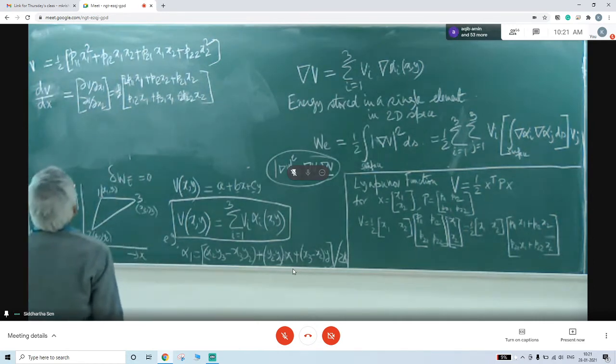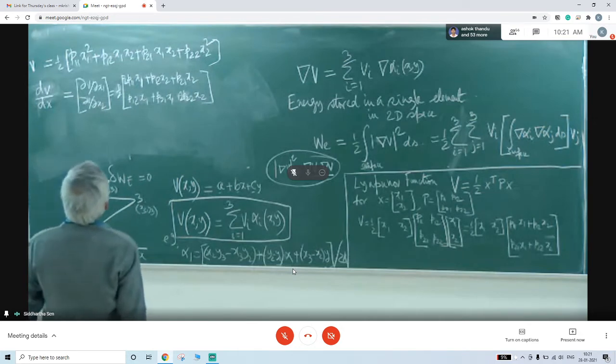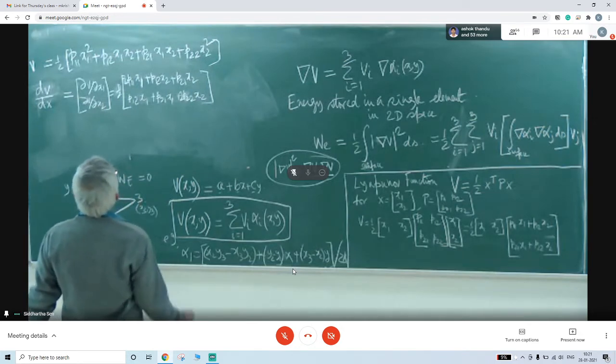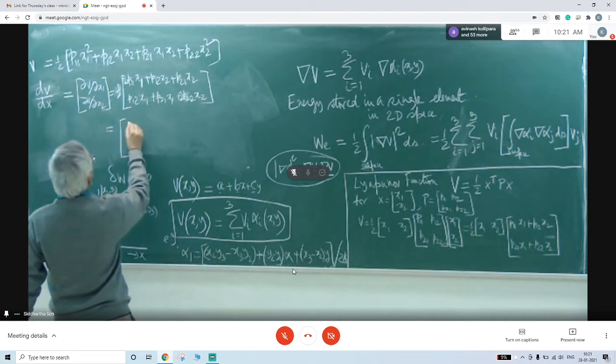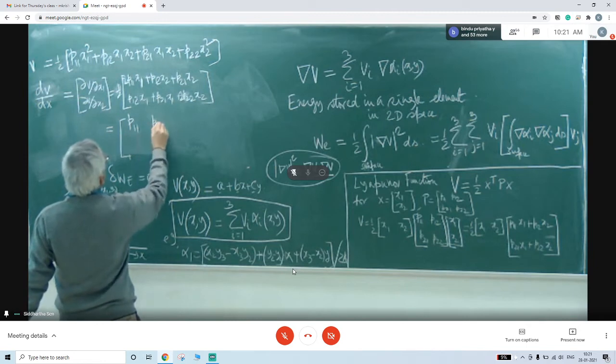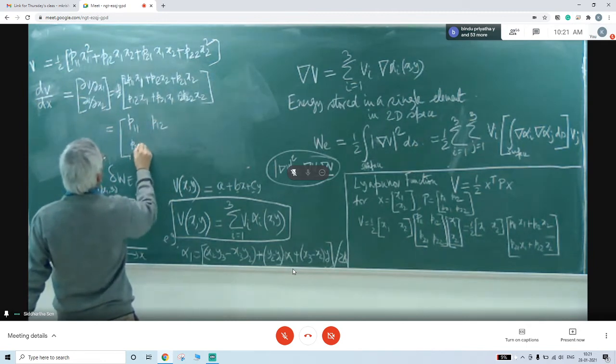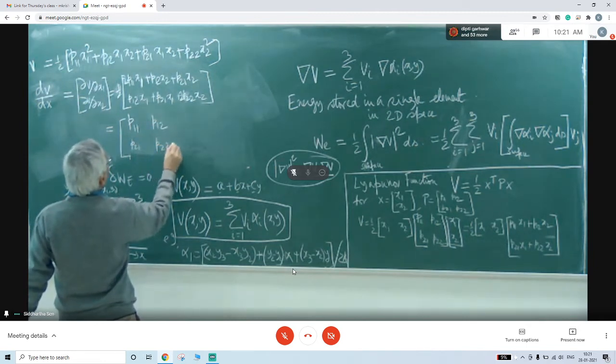So can I write it in this way, that this is equal to, just check it, P11, P12, P21, P22.